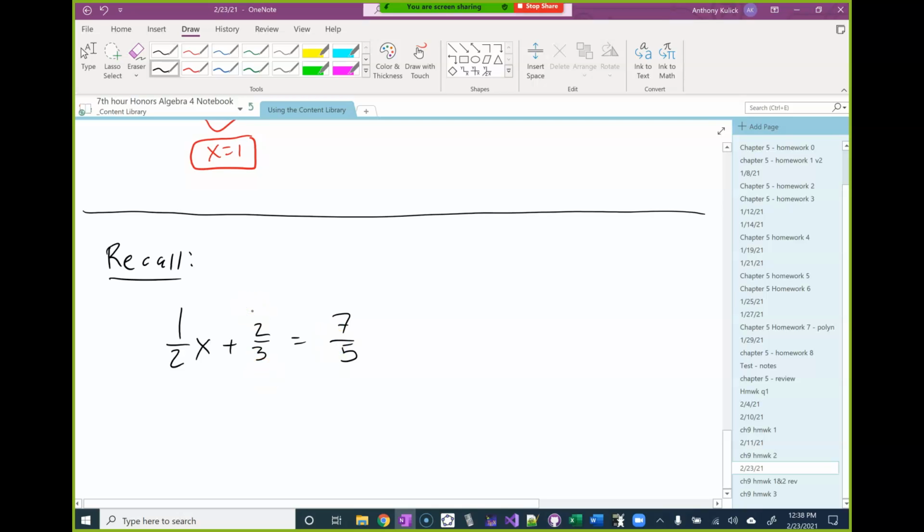Another way, make a least common denominator that's the same on both sides of the equation. And then you can just take the numerators from the right-hand side and set them equal to the left-hand side and solve that.